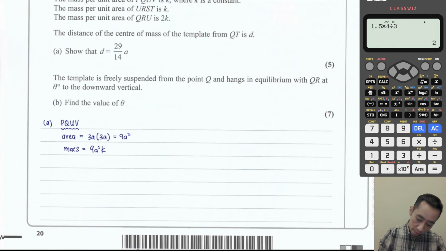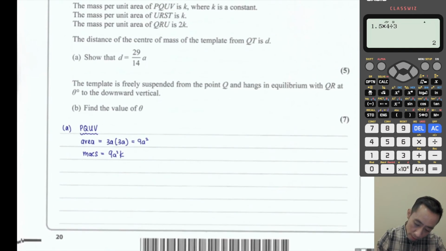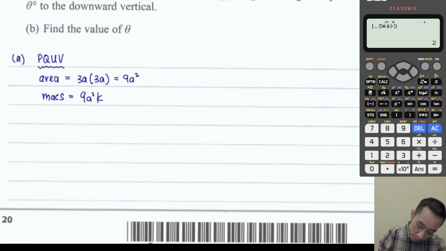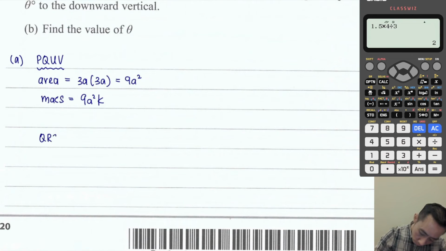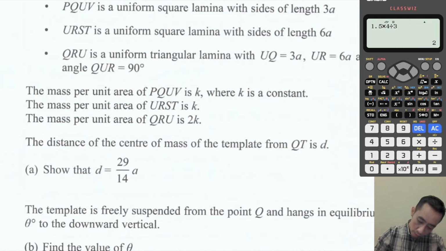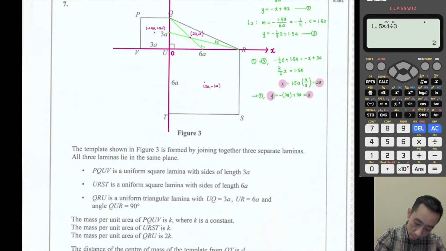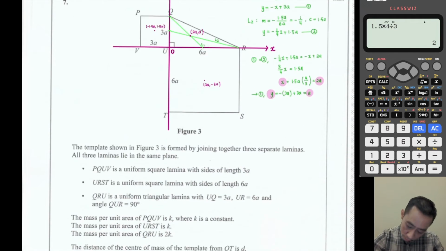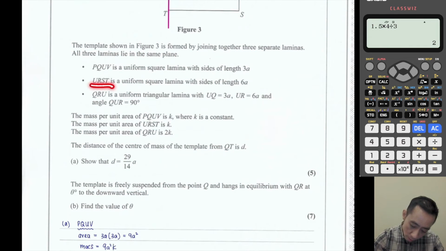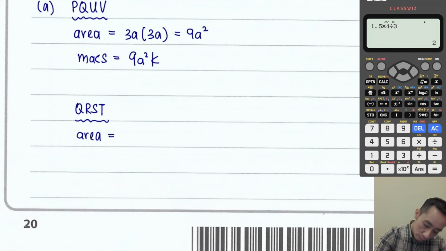Okay, now look at another one, the square QRST. So the area. For QRST, where's QRST? Okay, sorry, URST. I copied wrong. URST.